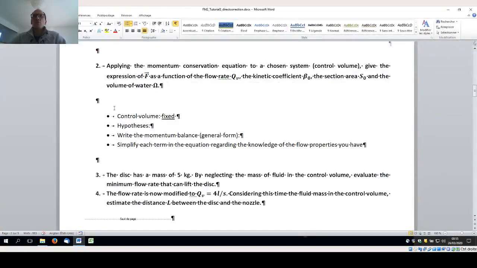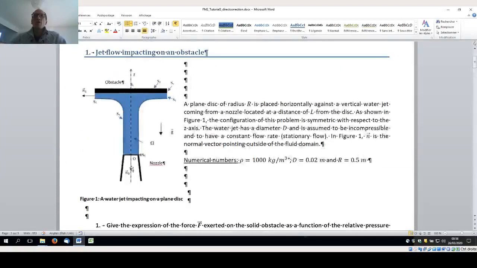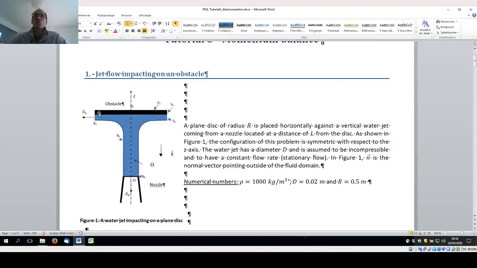Since it's a fixed control volume, and as a reminder, we are doing a balance over a volume of water, where you will identify inlets and outlets, from the balance of momentum expressed within this volume, we'll be able to express some interesting properties.